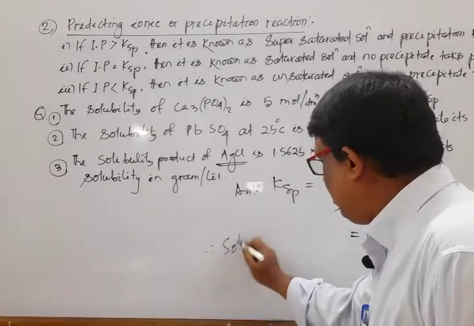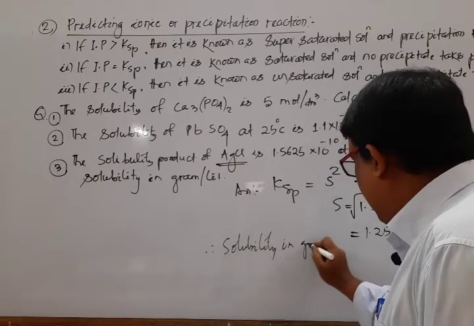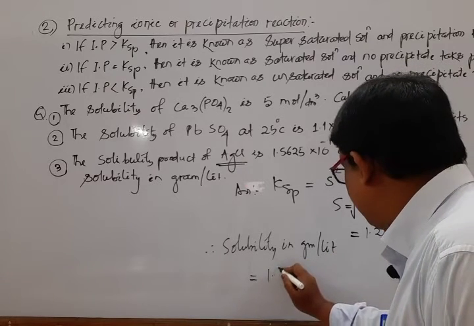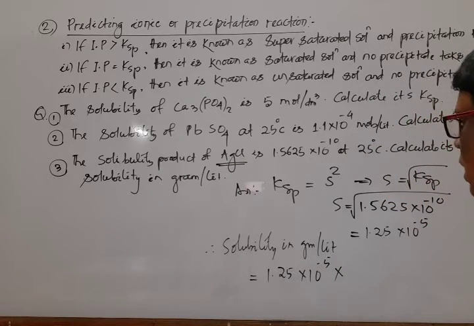Therefore, solubility in grams per liter is equal to solubility into molecular mass, that is 1.25 into 10 to the power minus 5 into molecular mass of silver chloride, which is 143.